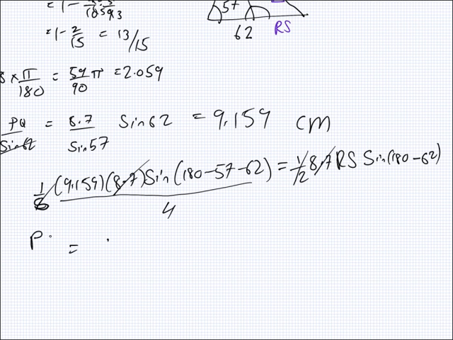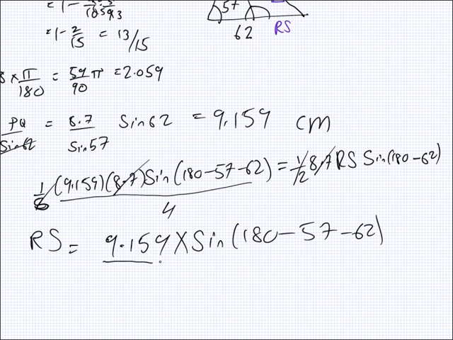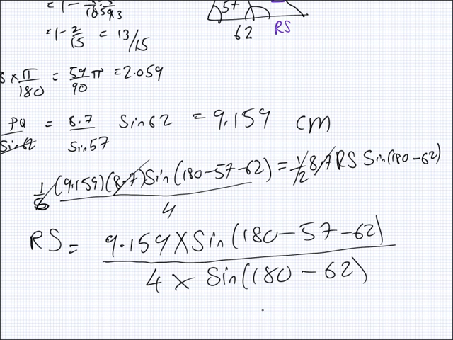So RS is 9.159 times sine of 180 minus 57 minus 62, over 4 times sine of 180 minus 62. That's the RS here.